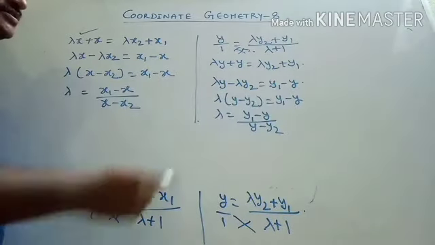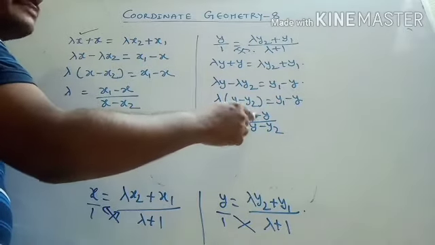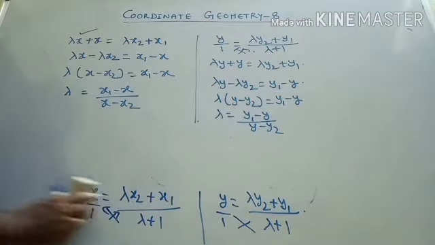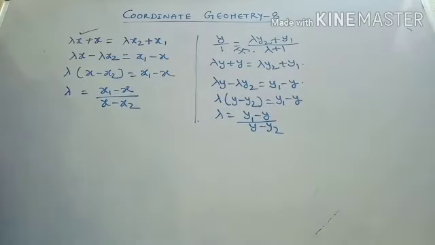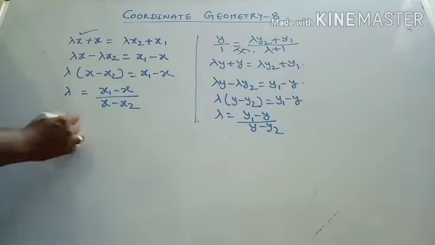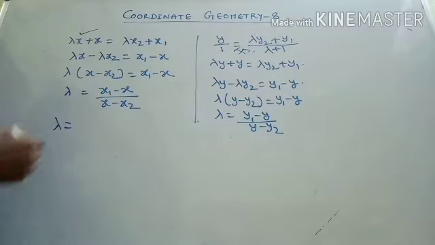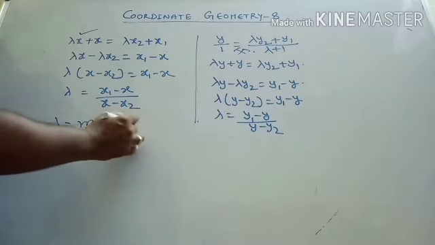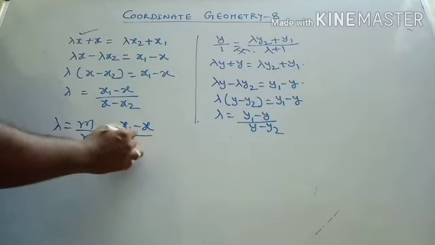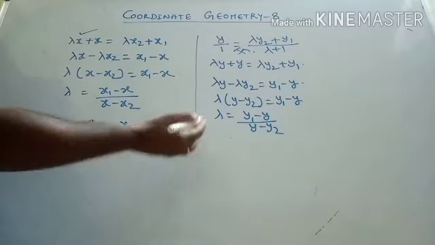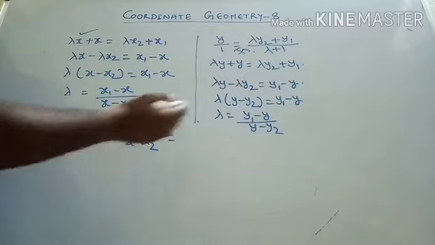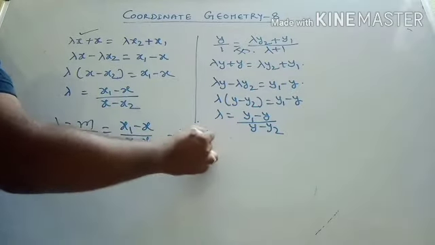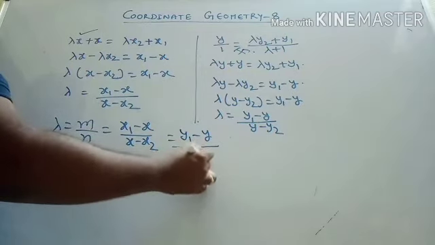Now lambda is equal to (y1 minus y) by (y minus y2). Therefore, you observe that lambda, which is m by n, is equal to (x1 minus x) by (x minus x2), and it is also equal to (y1 minus y) by (y minus y2).